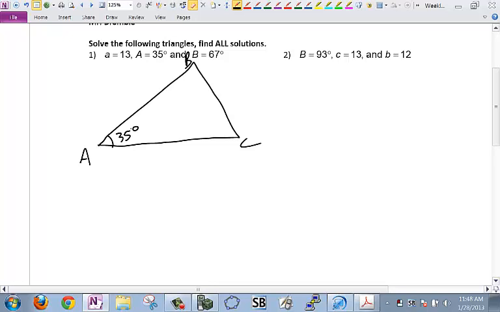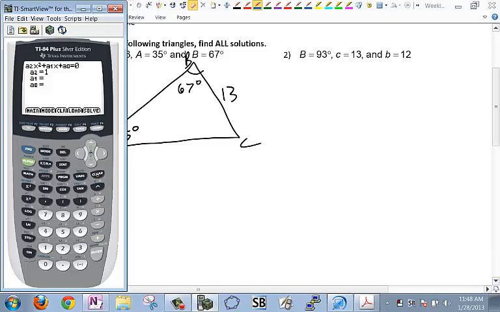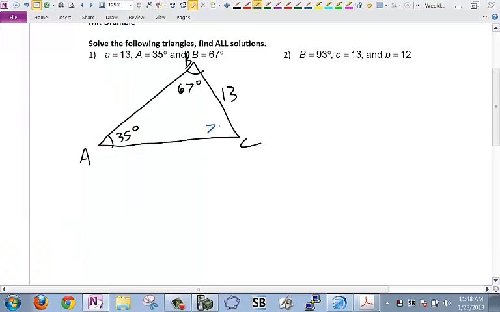Okay. So angle A is 35 degrees, angle B is 67 degrees, and side A has a length of 13. That is a classic angle-angle-side. So using our angle sum, we can say 180 minus 35 minus 67, and we would get that the angle C has to be 78 degrees.